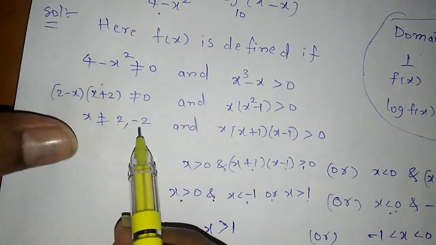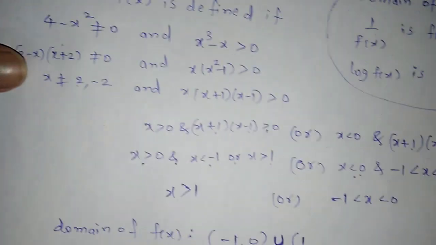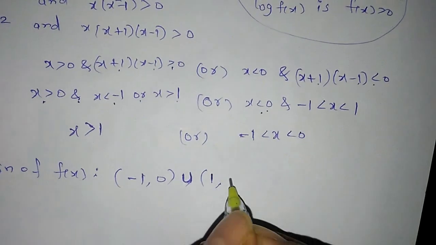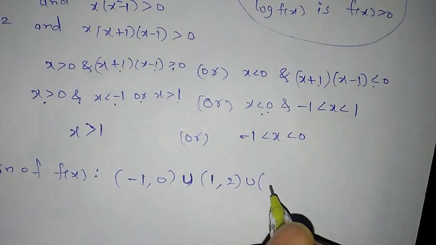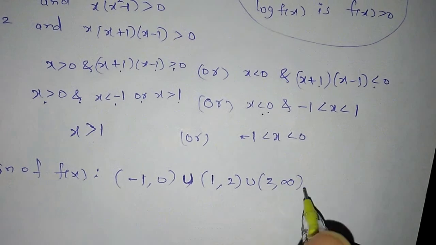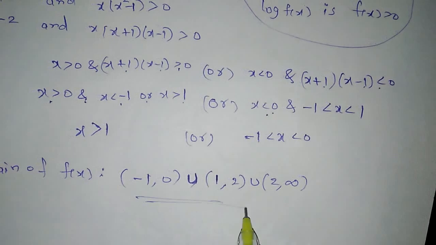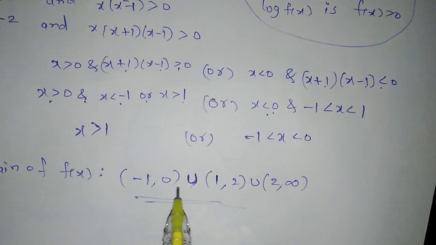Here 2 is there, minus 2 is there, so we need to exclude 2. So that is 1 to 2 union 2 to infinity. So minus 2 is already not there. So the final domain of the given f of x is minus 1 to 0 union 1 to 2 union 2 to infinity.